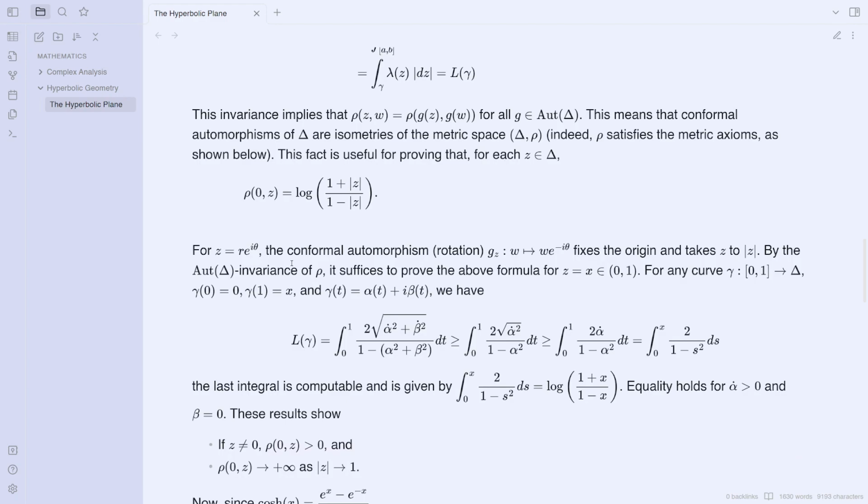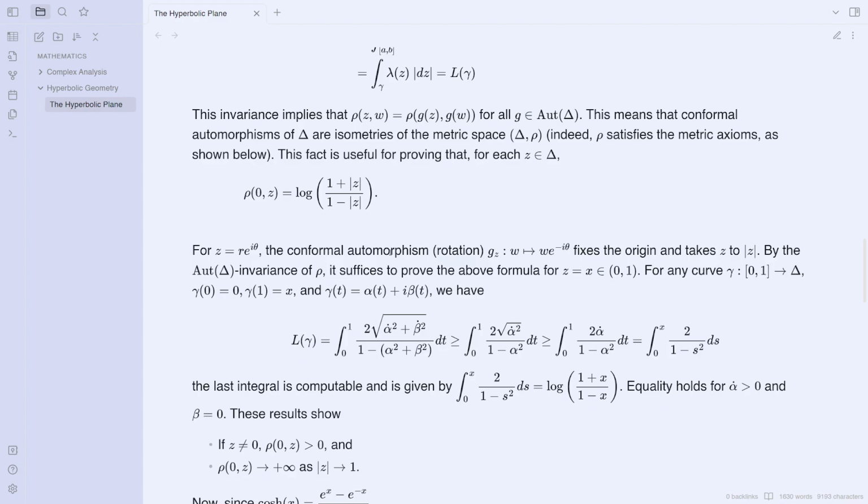Okay, so I'm going to consider z as just its polar expression re to the i theta. I'm going to have this conformal automorphism that just rotates z, because if you look at complex numbers, the complex plane is just a series of concentric circles.